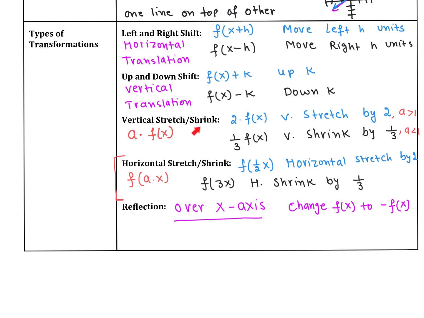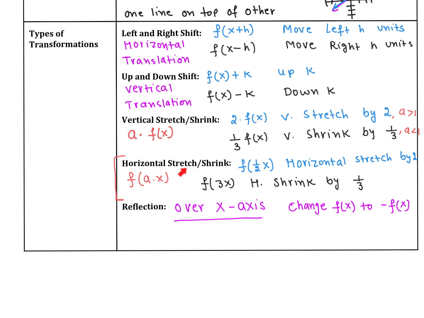For vertical stretch and shrink, you have a number that is multiplied outside of the function. If that number is more than 1, then you're going to have a vertical stretch by that factor. If the number is less than 1, then you're going to have a vertical shrink by that factor.